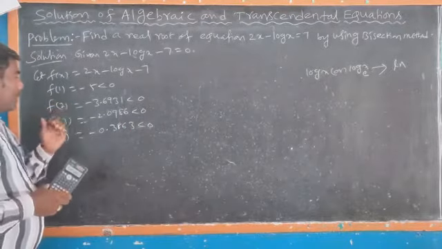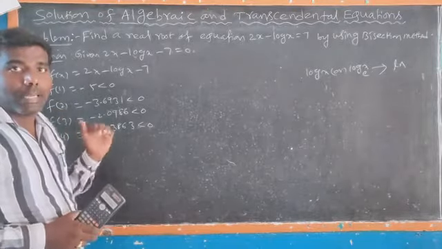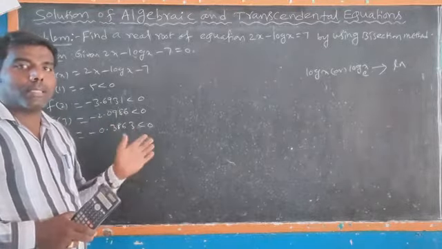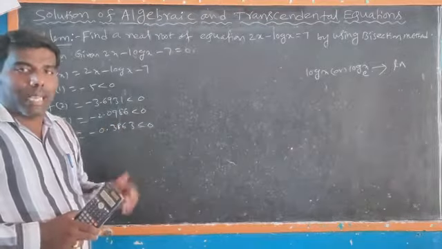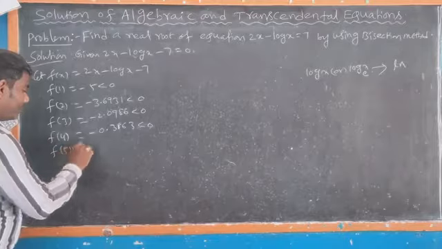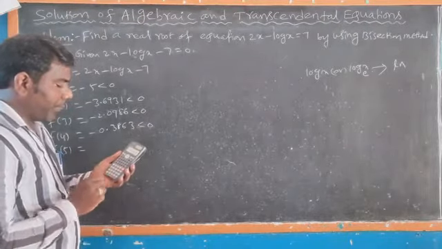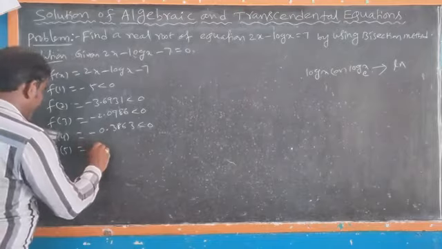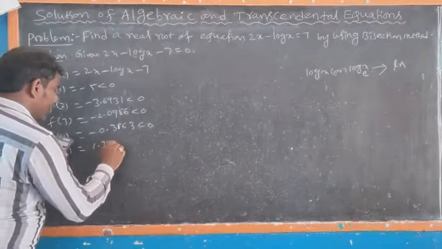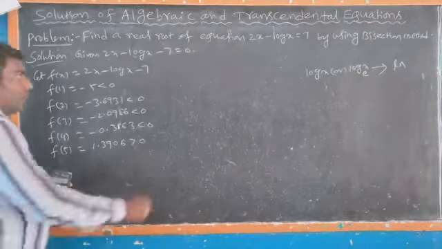f of 1 less than 0, f of 2 less than 0, f of 3 less than 0, f of 4 less than 0. Here the signs are the same. Continue this process until we get opposite signs. Put x equal to 5. Then f of 5 is 1.3906, greater than 0.